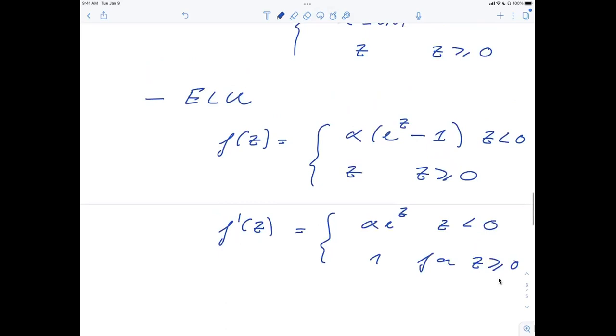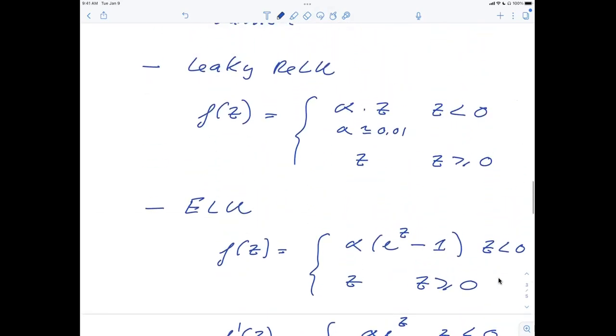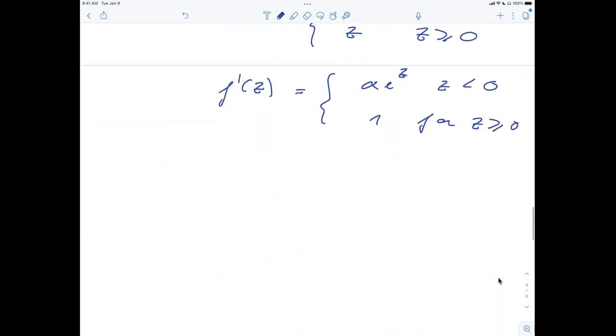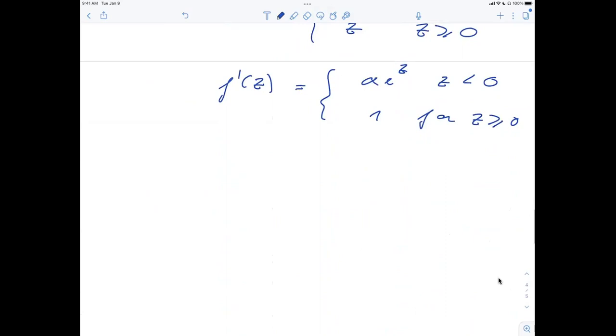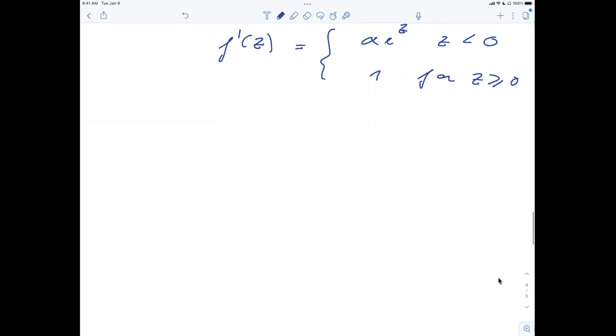And similarly, the derivative of the leaky ReLU is just equal to the parameter alpha when it's smaller than 0, and it's just equal to 1 when it's larger than 0. So these are functions which give pretty easy equations for the derivatives. Now, another function which is very much used is the tanh.